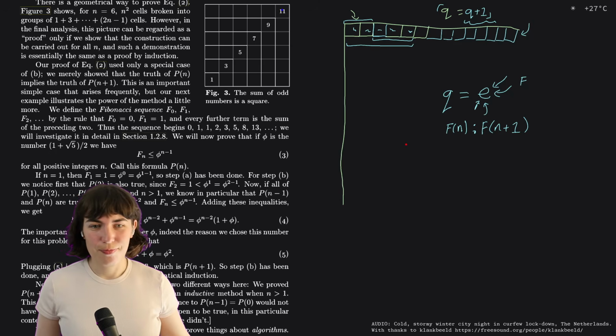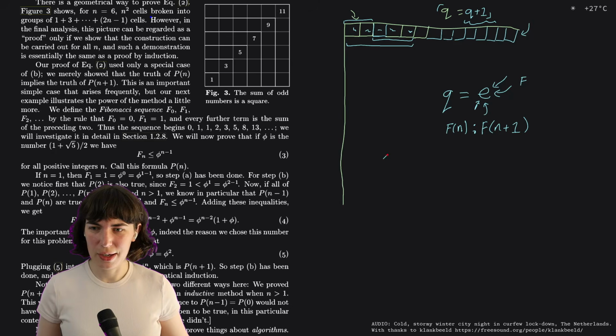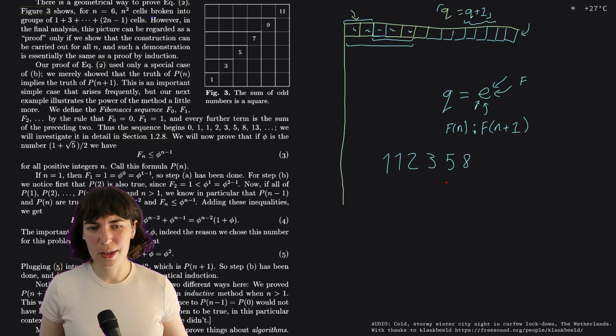Yes, so the question is, we like about the Fibonacci sequence, for this problem, that we can have 1, 1, 2, 3, 5, 8. We like the relation that this is the sum of these two numbers.